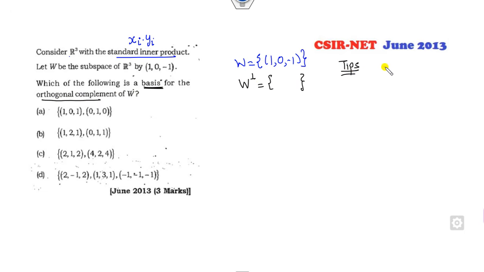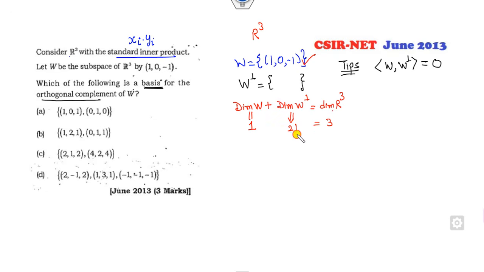So now we all know the inner product of W and its orthogonal complement is always 0, and because they are elements of R cube, we all know the dimension of W complement is the dimension of R cube minus the dimension of W. So W has dimension 1, R cube has dimension 3, so this must have dimension 2. So look at that, this is 3 dimension, this is cancelled out.